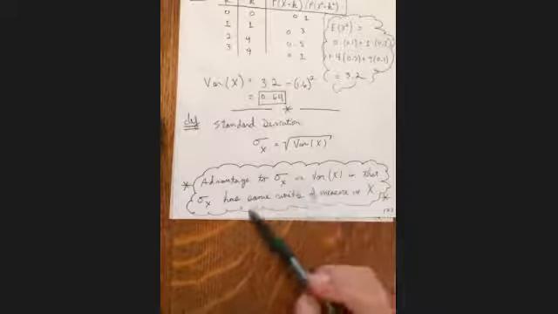Simple enough. The question might be, why? Why would you need to take a square root of the variance? What does that tell you? What's the use? And the use is that the standard deviation, as opposed to the variance, has the same units of measure as your random variable x.